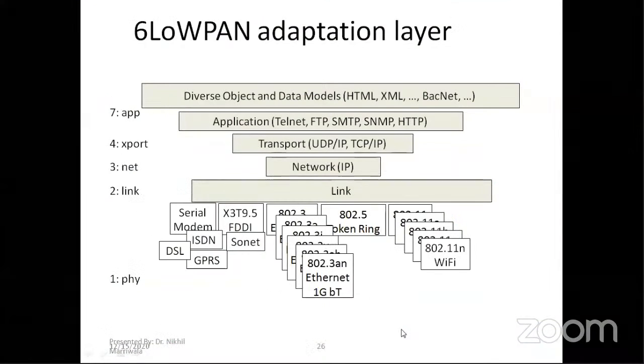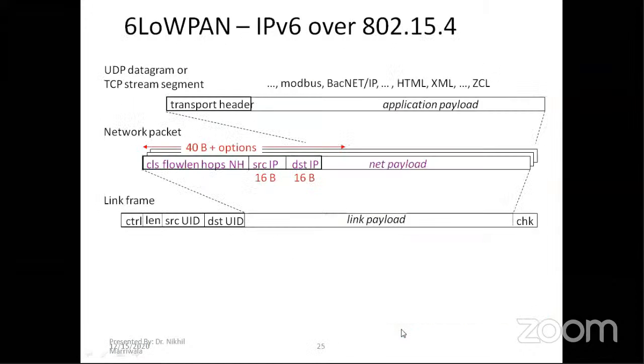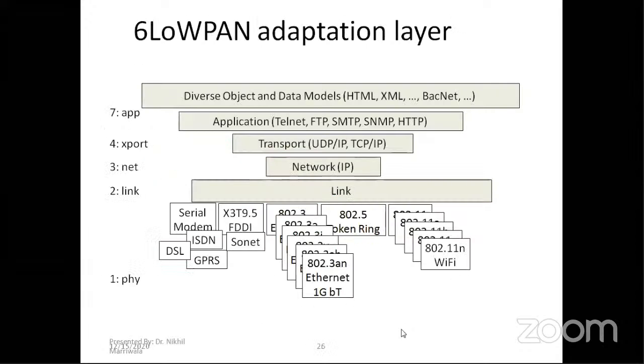Okay. So again, if you see, we have 6LoWPAN, IPv6 over 802.15.4. We are trying to send it over 802.15.4, and this is how it will work over the 6LoWPAN adaptation layer, right?